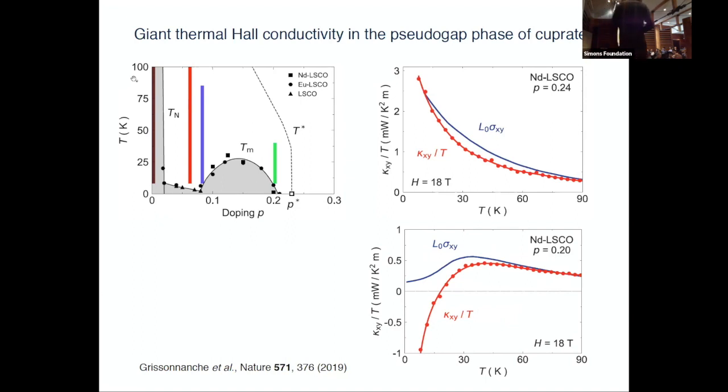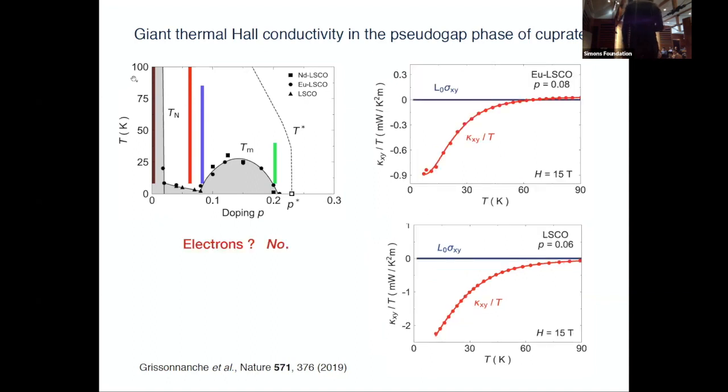When we saw that, we wanted to go lower and lower in doping and track that. What we found is that it just kept growing as we underdoped all the way to zero doping. This is an example at 8% and 6%, these two lines here. You see that electrically, the material is basically an insulator. There's no charge response, but there's a huge thermal Hall signal.